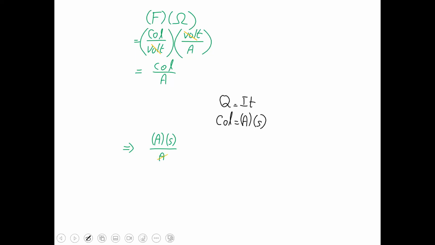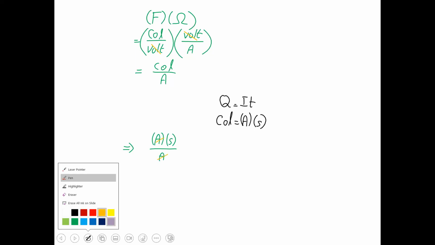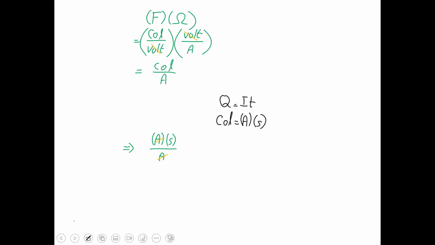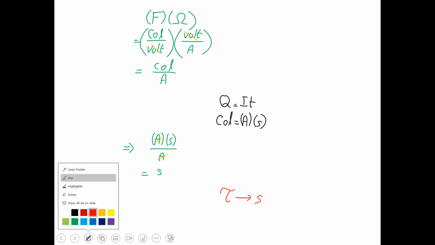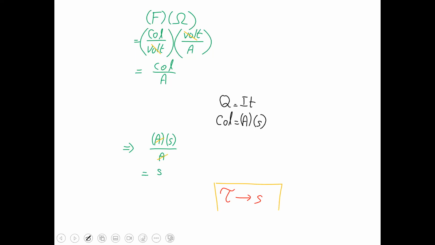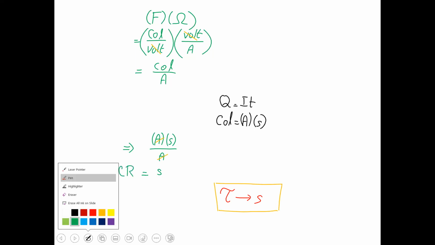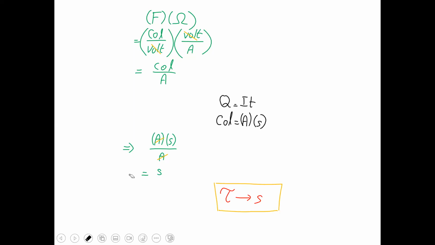So when I put it back, ampere will cancel. So this will be a justification that tau has a unit of second. This is the power of the base units, and you can prove that the time constant has a unit of second.